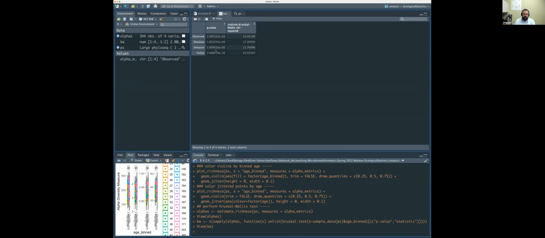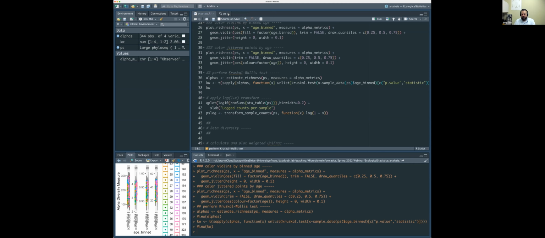So in this case, there's at least one group significantly different from one of the other groups across all 4 of the alpha diversity metrics. And like I said, there are tests to go back, like the Steel-Dwass, to see exactly which ones are significantly different from each other, whether older versus middle or older versus young.